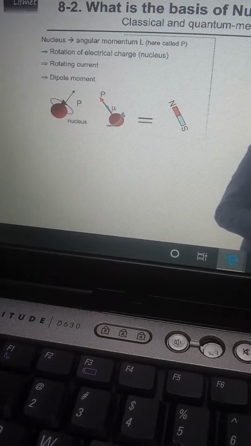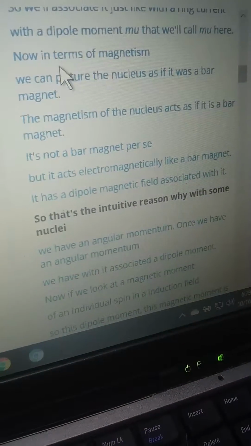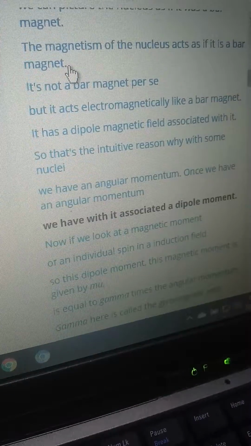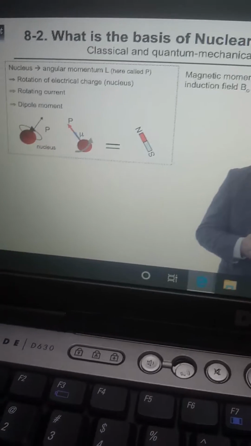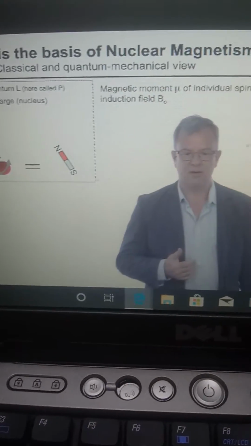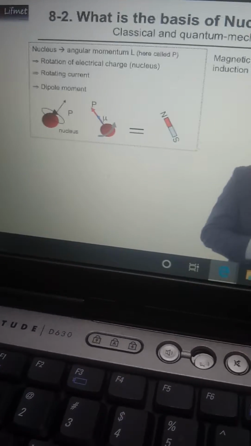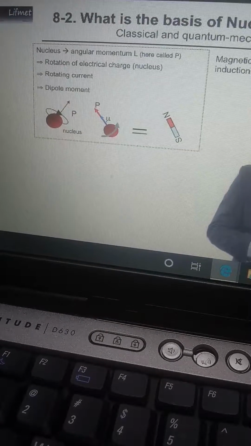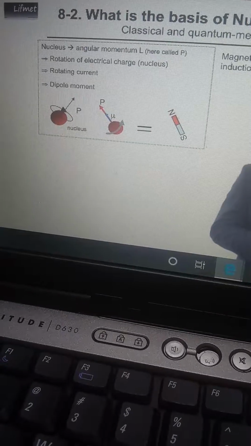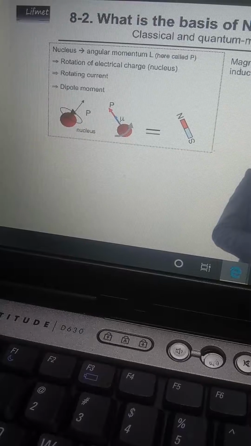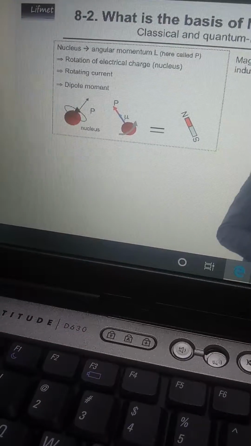So that's the intuitive reason why with some nuclei we have an angular momentum. Once we have an angular momentum, we have with it associated a dipole moment. Now, if we look at a magnetic moment of an individual spin in an induction field, this magnetic moment is given by mu equals gamma times the angular momentum.